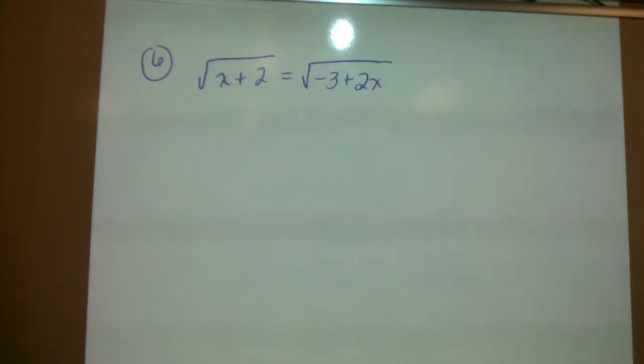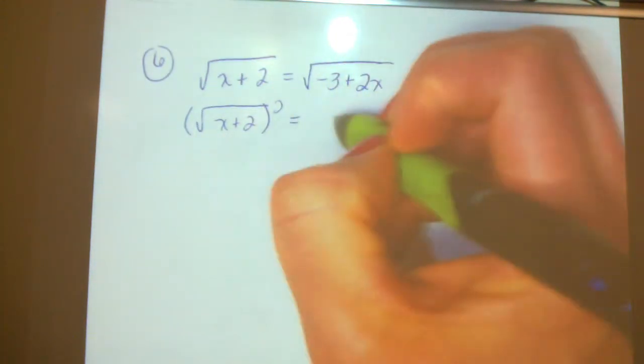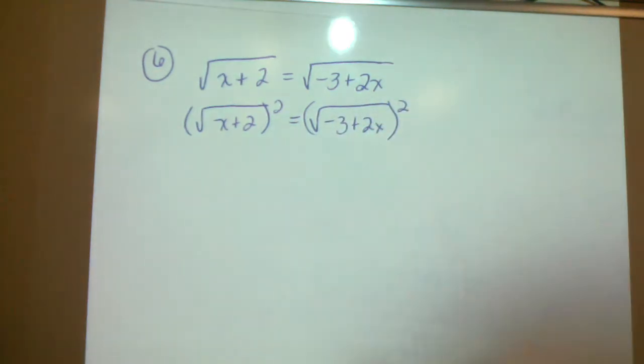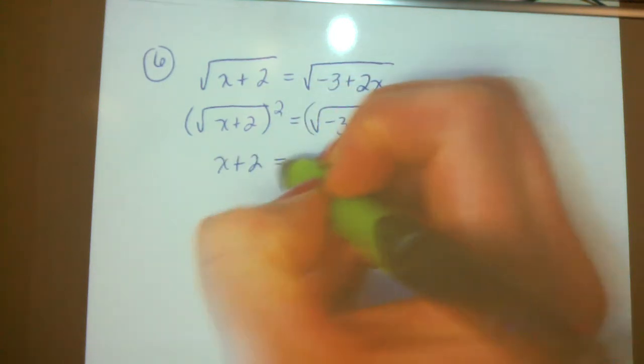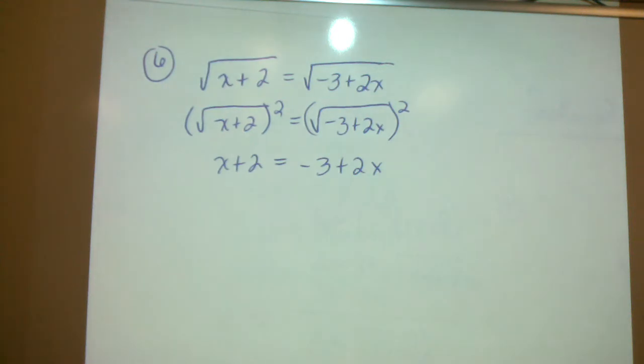They're both square roots, so I'm going to square both sides. That's all I'm going to do here. This one is actually really not that difficult to do. You're just squaring both sides. When I do that, I'm left with x plus 2 is equal to negative 3 plus 2x. You're just left with that radicand, whatever's there.